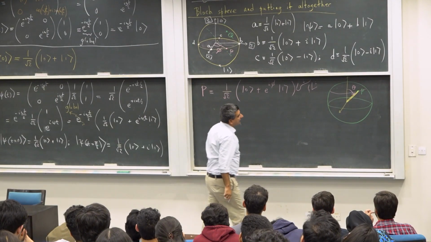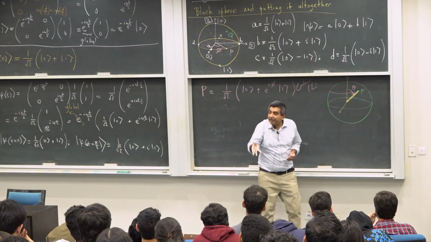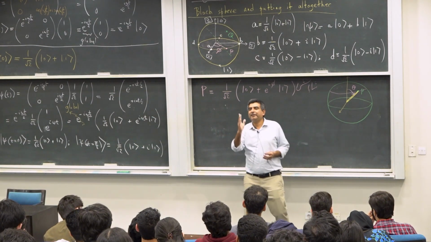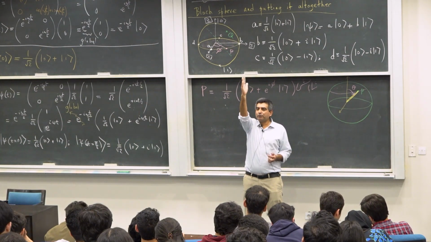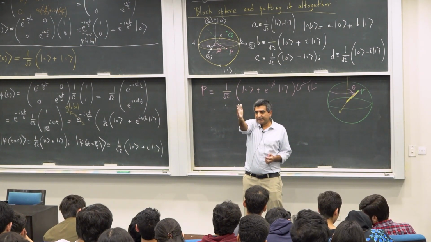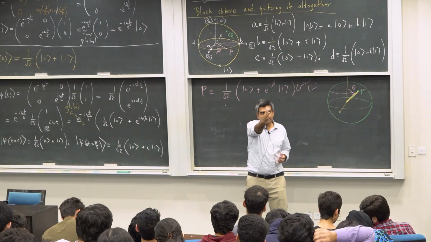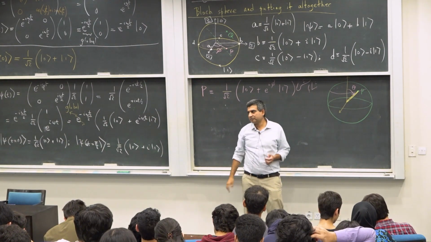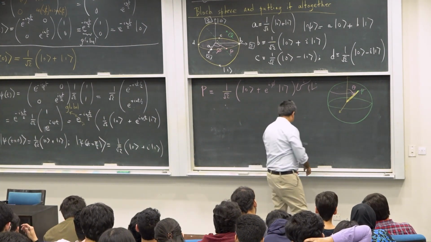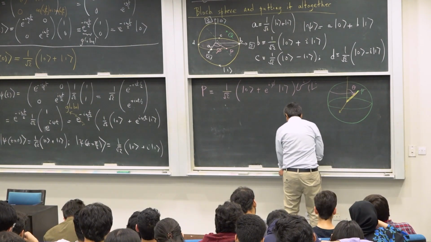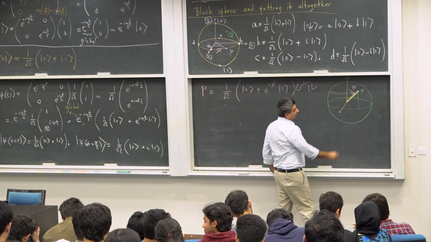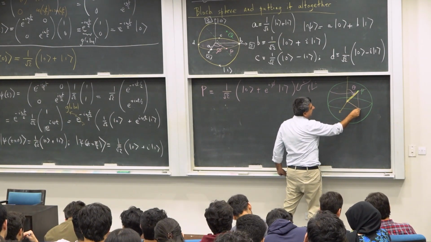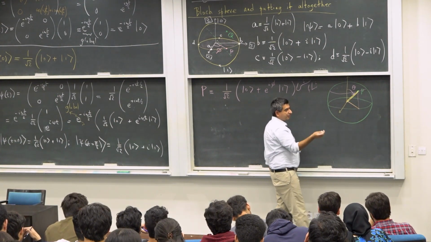So I also need to define its phi. So I need a polar angle and I need an azimuthal angle. The polar angle tells me how far down I come from the North Pole, and the azimuthal angle tells me how much I need to turn around. So I make a projection onto the equatorial plane, connect this projection with the origin.